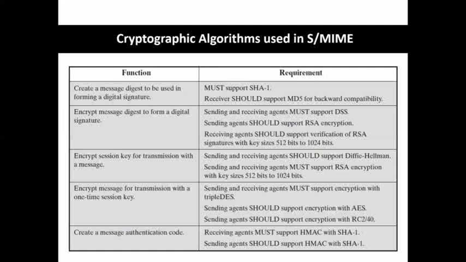The session key is used during symmetric encryption, but now I am going to encrypt the session key. For encrypting the session key, I need a public key encryption scheme. That's why I'm going to use either Diffie-Hellman or the RSA encryption algorithm. But with respect to this one, the sending and the receiving agent MUST support the RSA encryption algorithm.